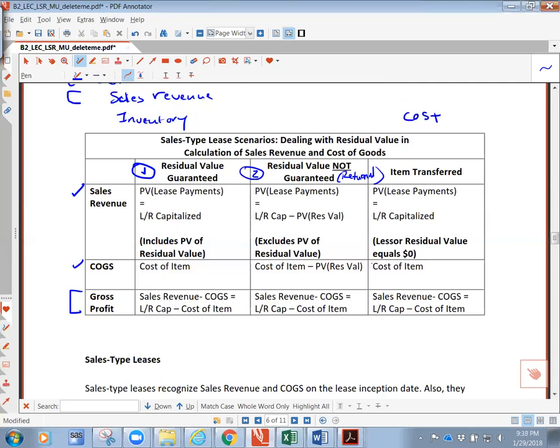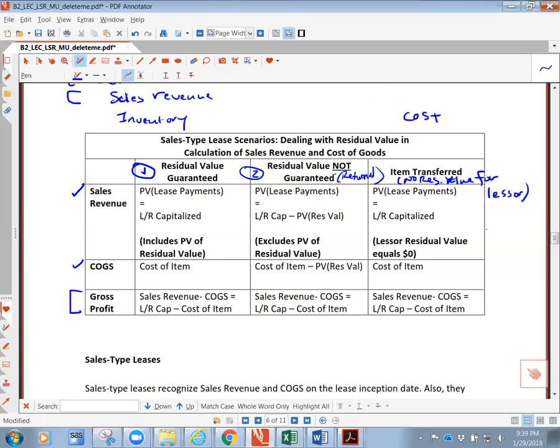And then the item is transferred. If an item is transferred, there's no residual value. No residual value for lessor. They don't get it back. So the lessee gets it. The lessee gets the residual value. So if the item's transferred is worth $20,000, hey, the lessee gets it.